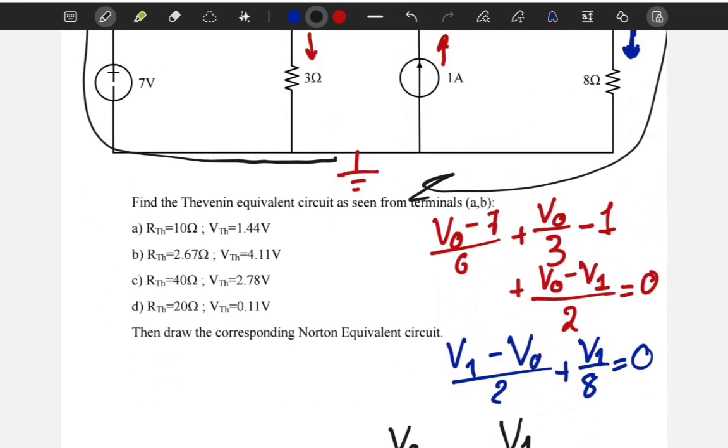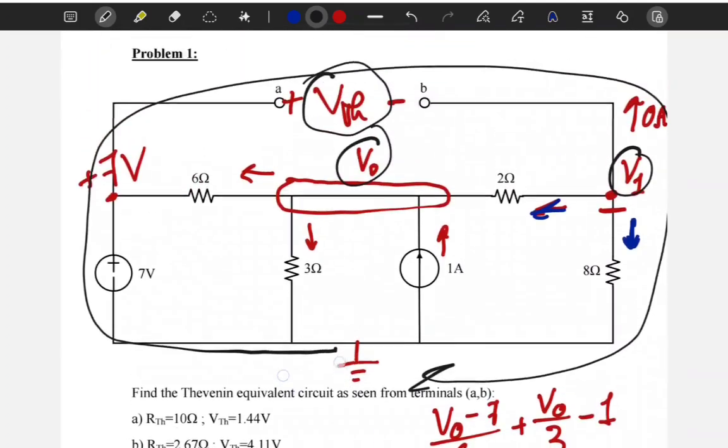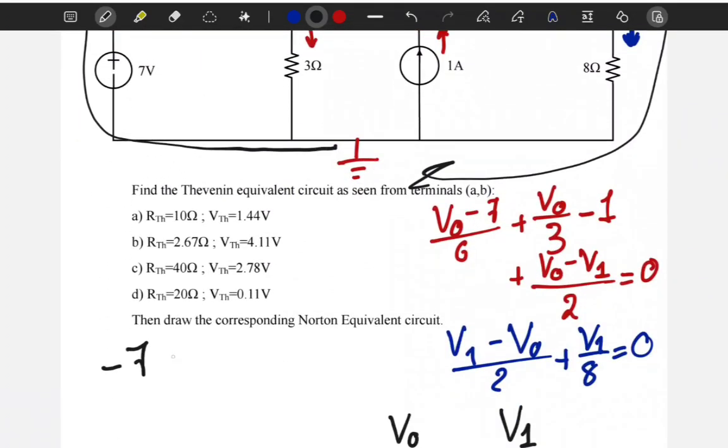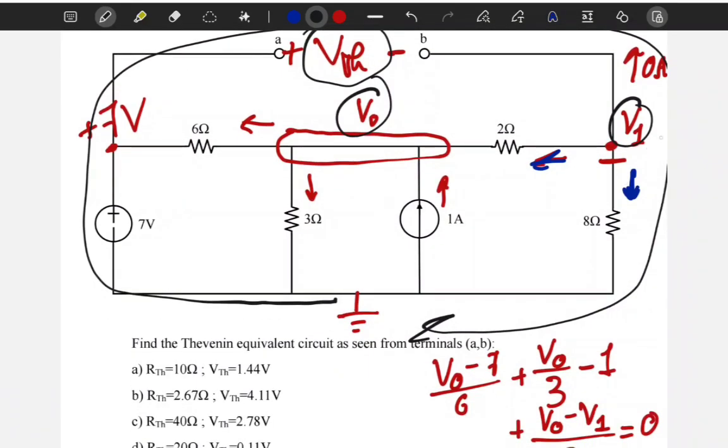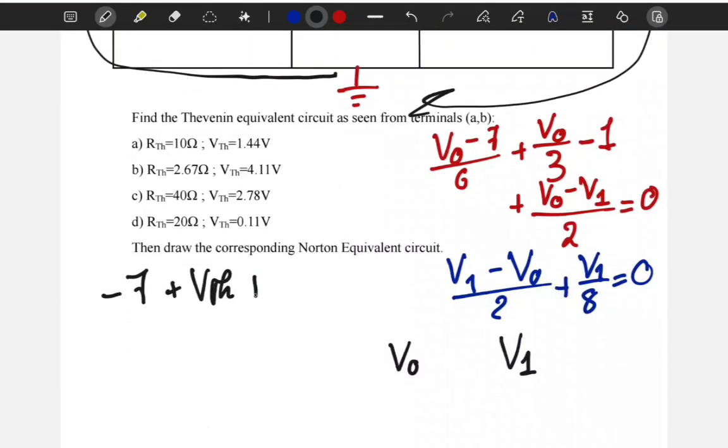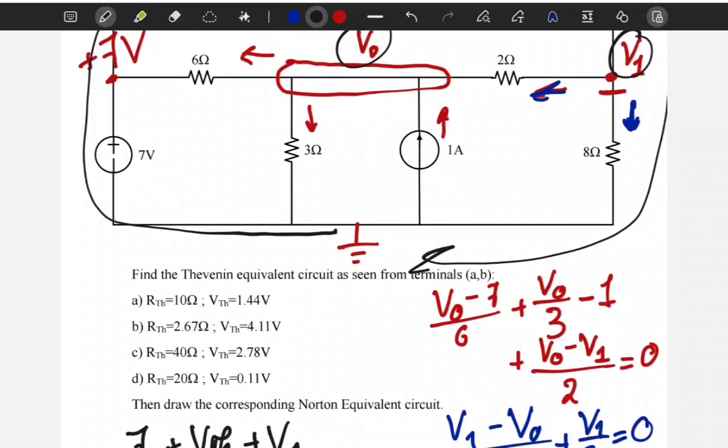So by this KVL we find -7. We start with -7, then hit plus Thevenin, right? And then down we find V1. So you could basically put plus V1. Or if you don't like this, you can put 8 times V1 over 8.